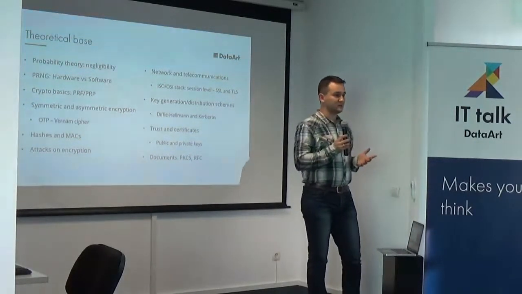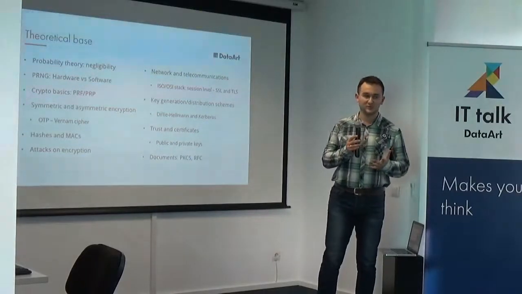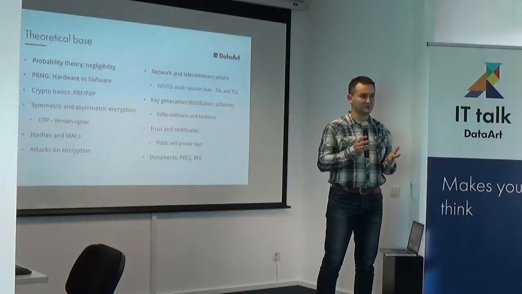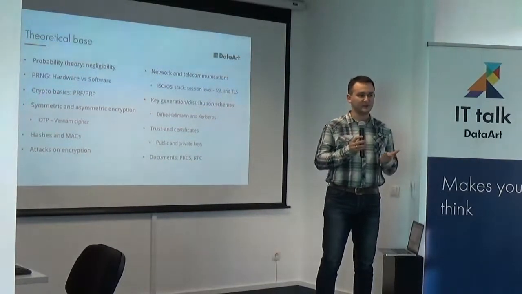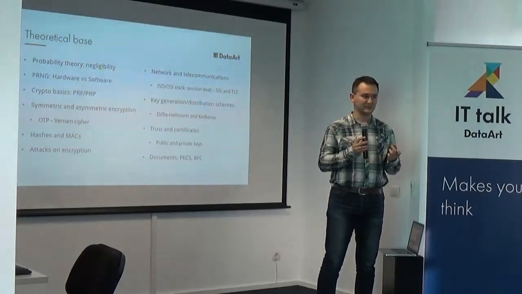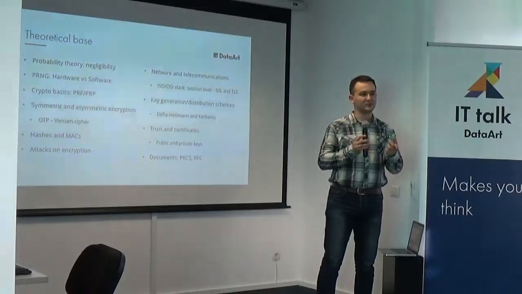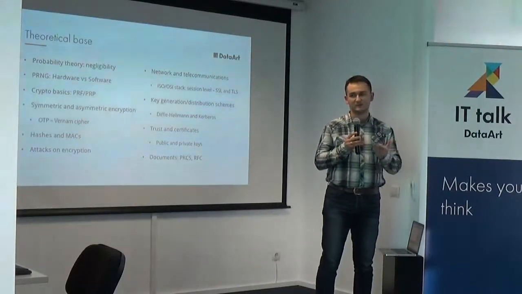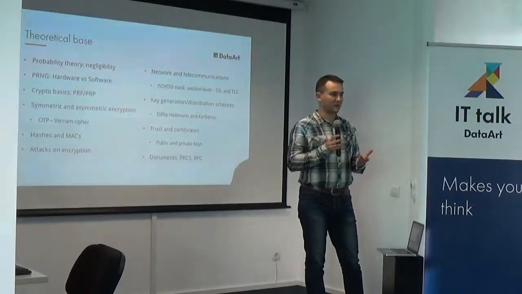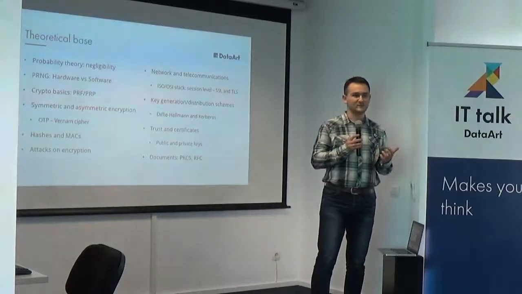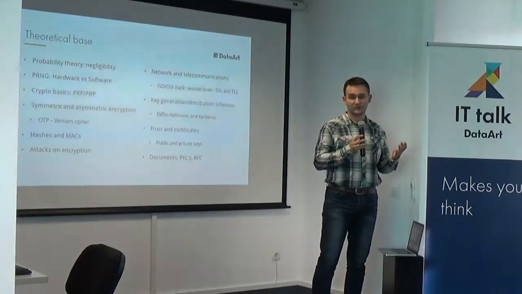Then the second concept is the pseudo-random number generator. You may know that most of the classic generation functions like rand, srand, srand48 are actually not random at all. We need to provide a so-called seed, the initial value of the generator, which will produce all the next values of this function. However, if we provide the same seed twice or more times, these pseudo-random sequences will be the same.